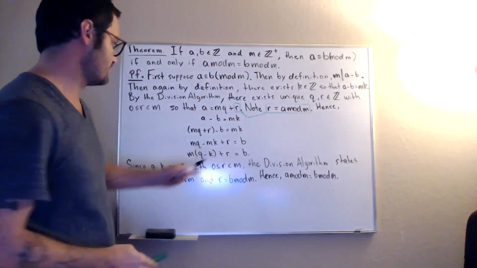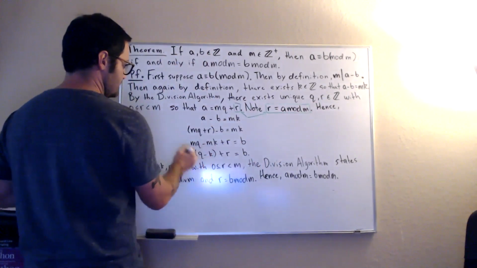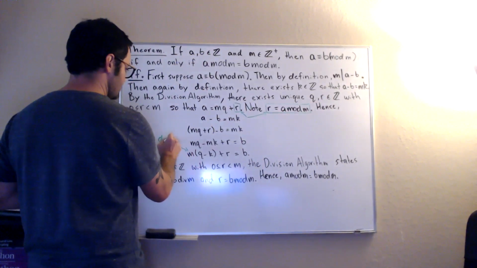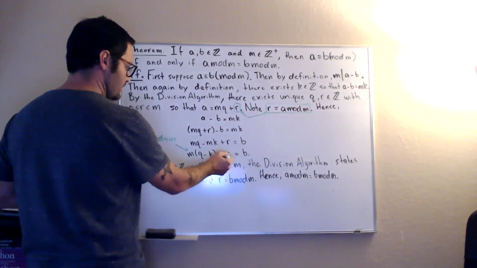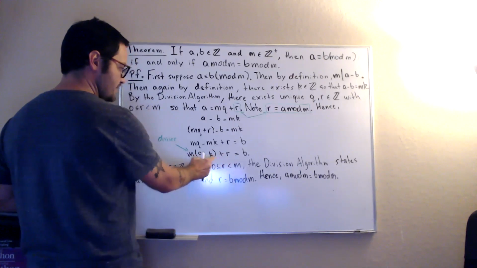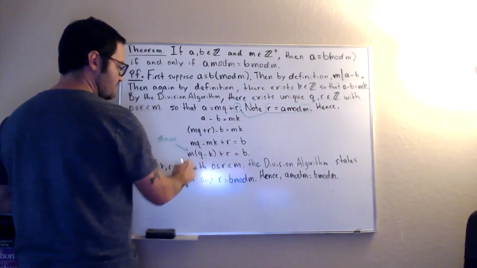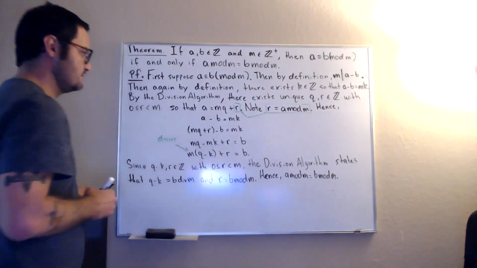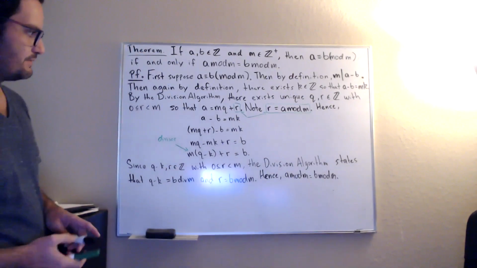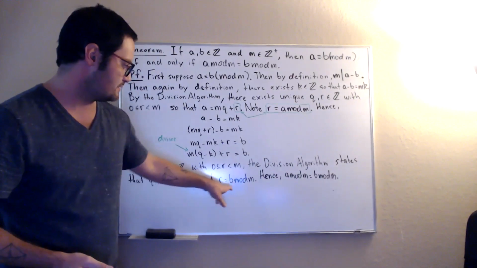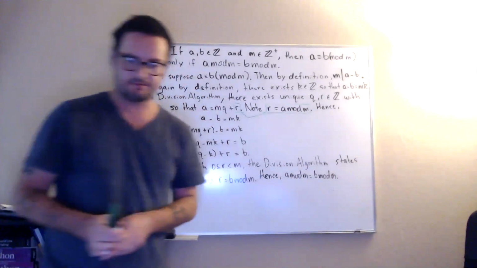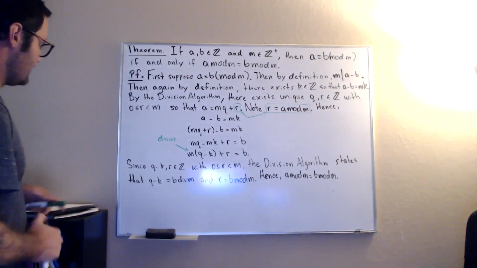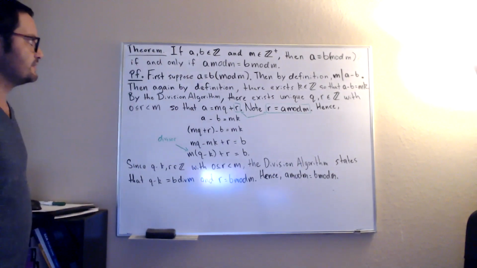So this is the divisor. And then since R is strictly less than the divisor and is greater than or equal to 0, that's the unique quotient when B is divided by M. So that means that that's the unique remainder when B is divided by M. So we've shown that that remainder is the same as that, so these equal each other. Okay. So that proves one direction of the if-and-only-if statement.